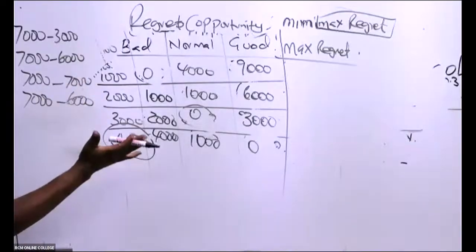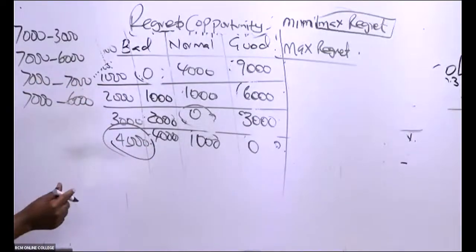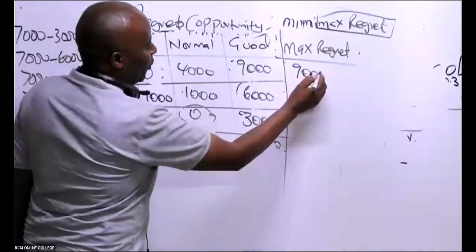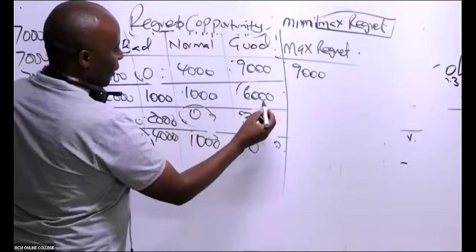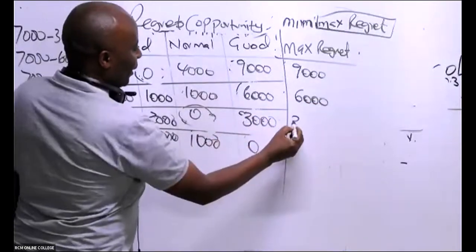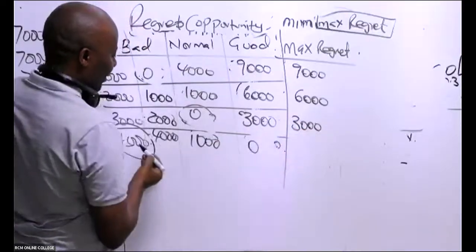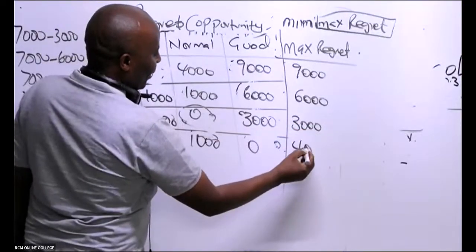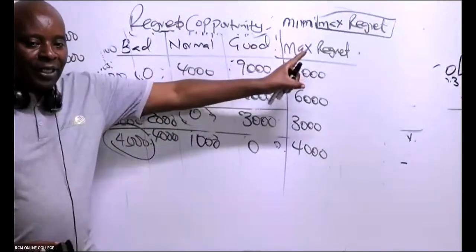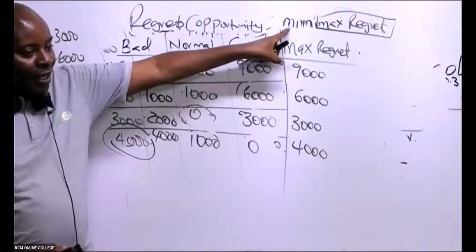Because we normally start from the second bit. So maximum regret, what do we have here, somebody? 9,000. Here, 6,000. Here, 3,000. Here, 4,000 is the maximum regret. After coming up with the maximum regrets, the optimal will be what here, somebody?